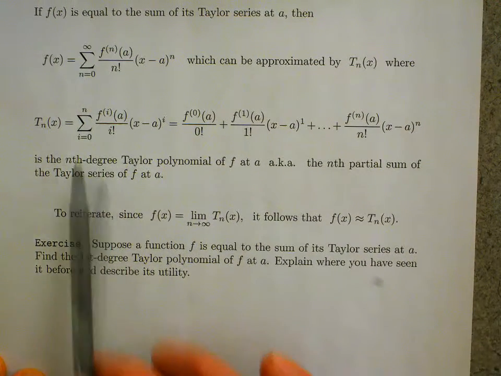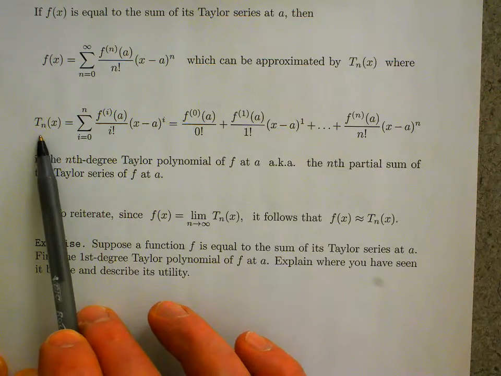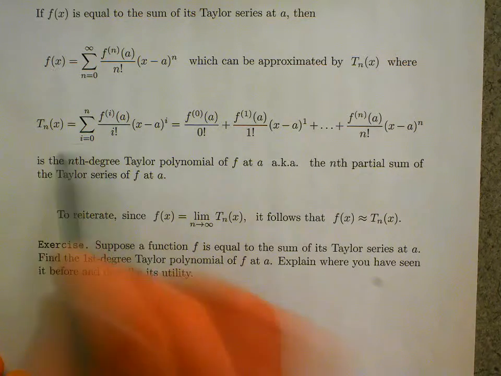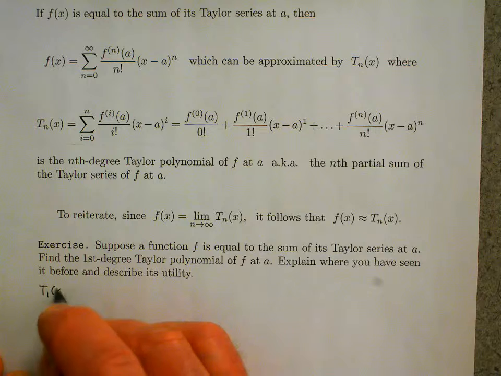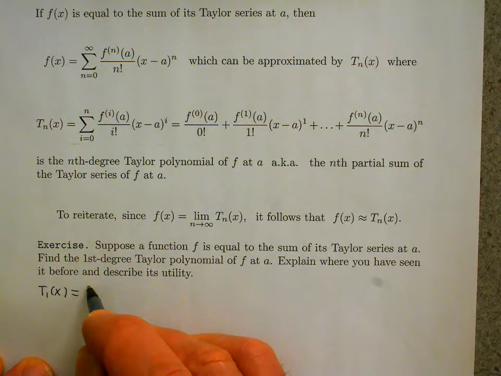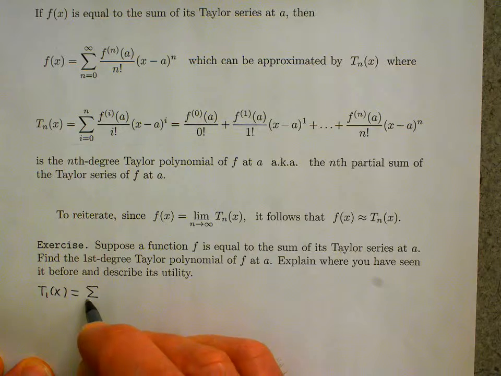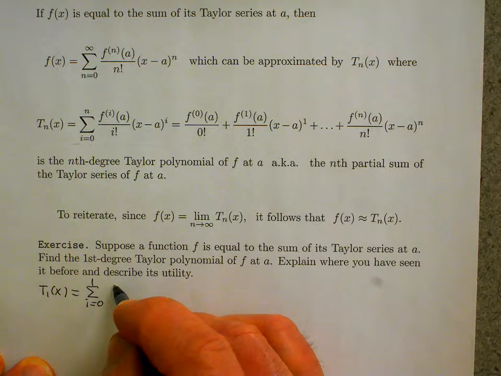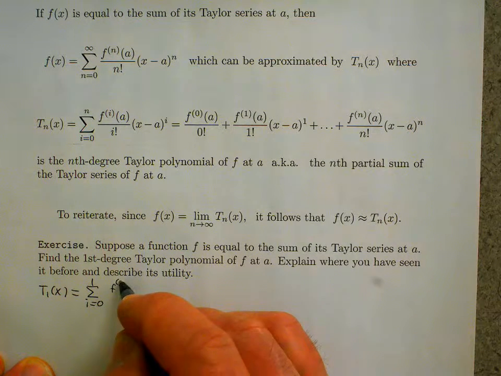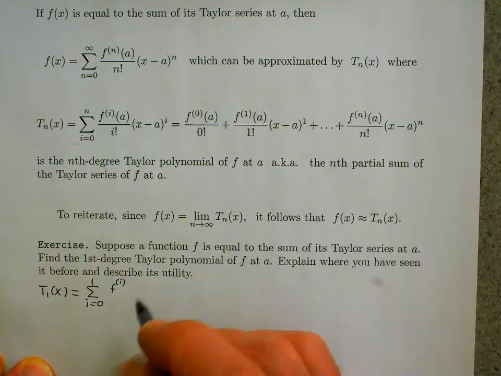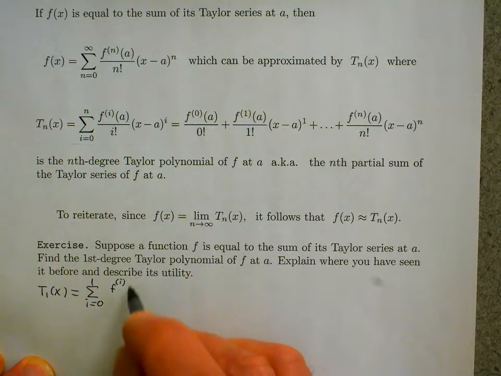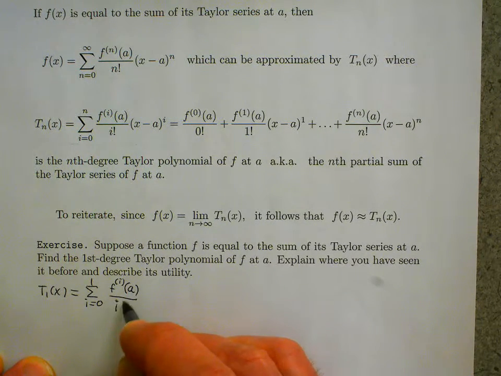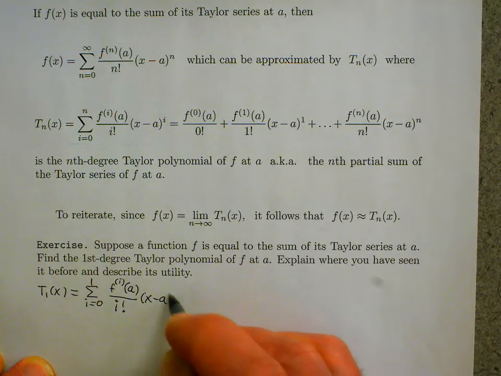Okay, we have a formula for the nth degree Taylor polynomial. So let's just write the formula for the first degree. So T sub 1 of x is the sum starting at i equals 0 going up to 1 of the ith derivative evaluated at a divided by i factorial times x minus a to the power i.